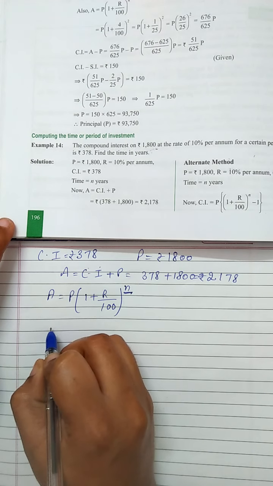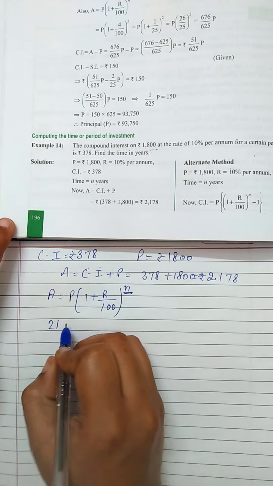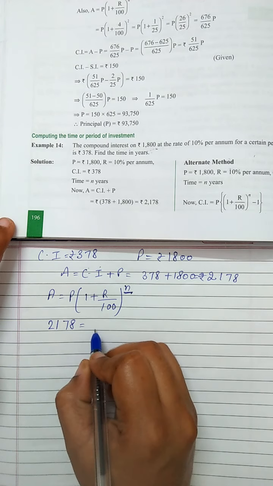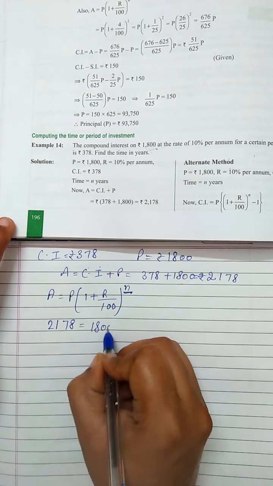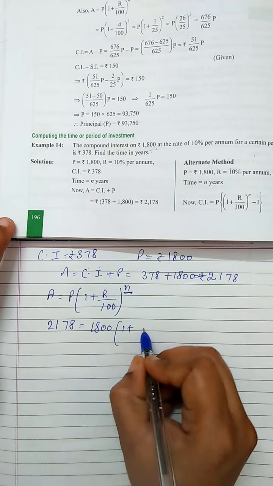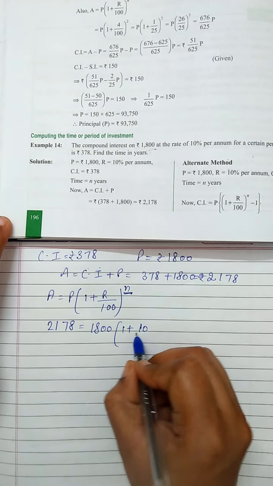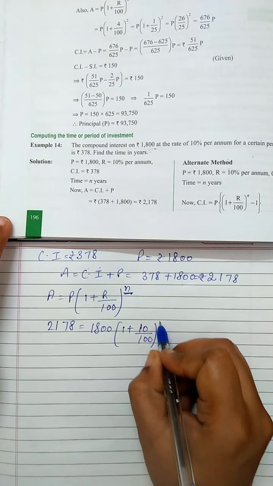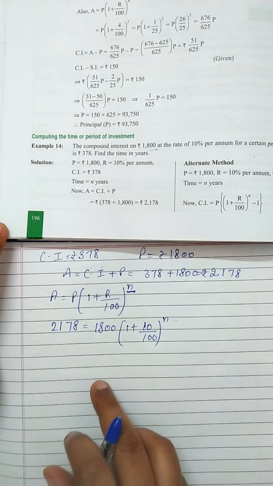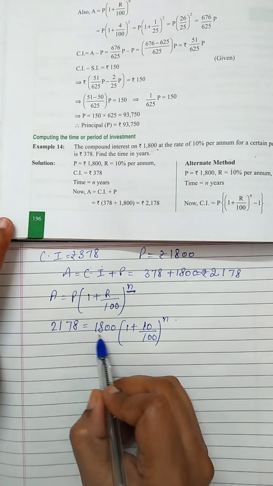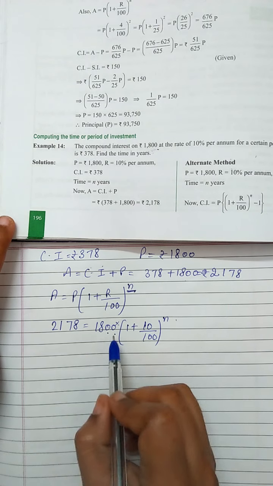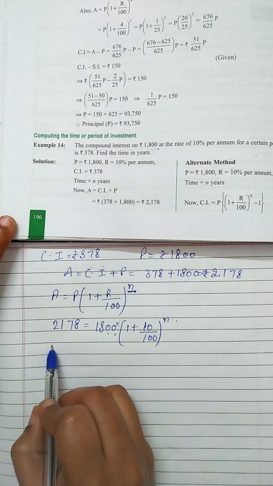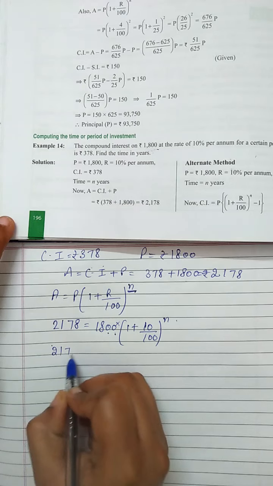The amount is given: 2178 is equal to the principal, 1800, times 1 plus rate, 10 upon 100, raised to power n. Now 1800 is multiplied, so taking it to the left hand side it becomes divide.